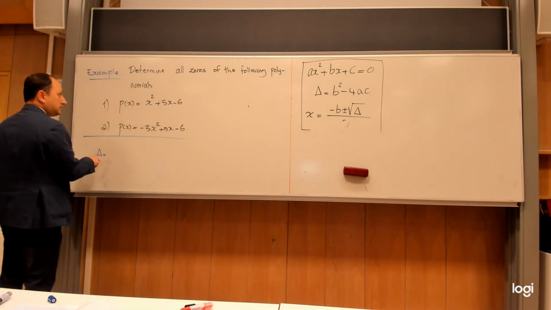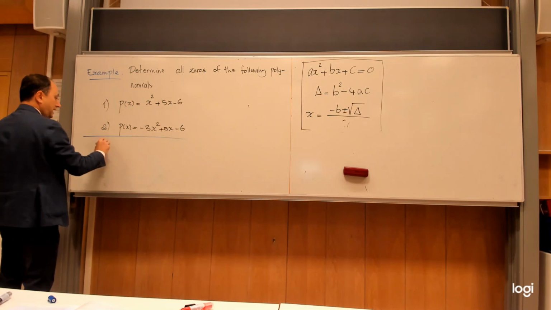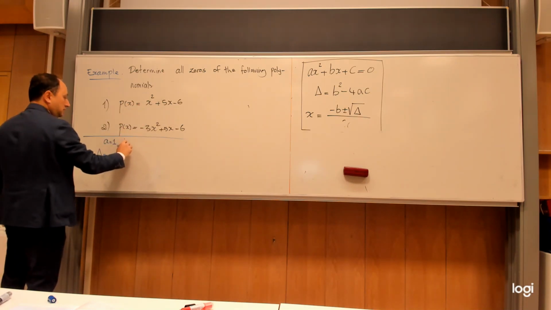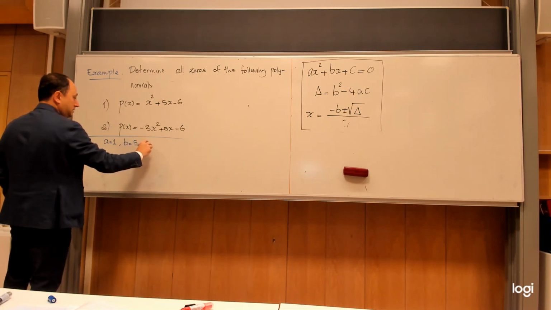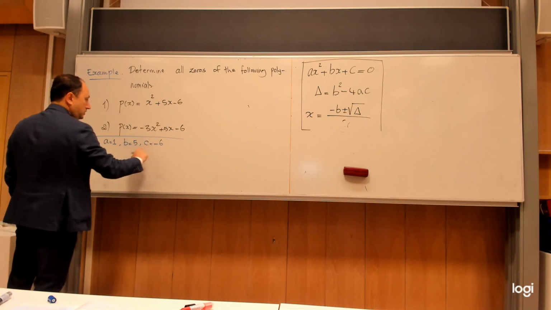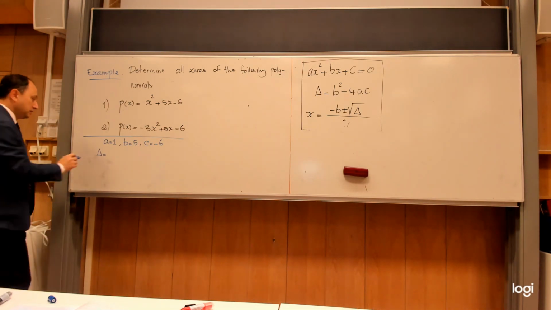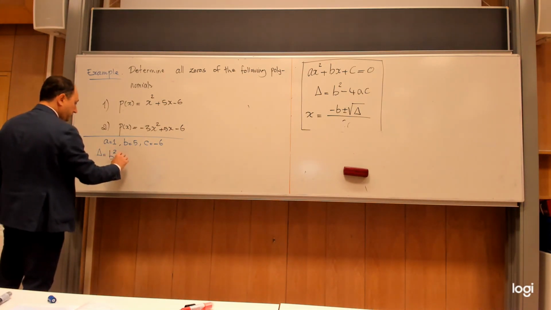But before delta, let me just repeat. You need to know what A is. A is 1, B is 5, and C is negative 6. You need to consider the coefficients. Of course, if they are positive, you don't need to be worried about. So b squared minus 4ac.